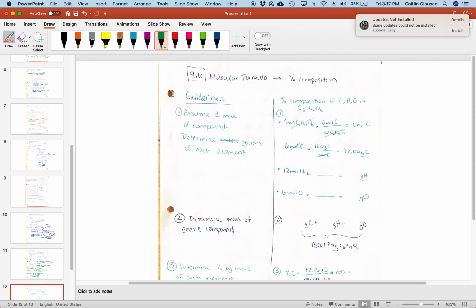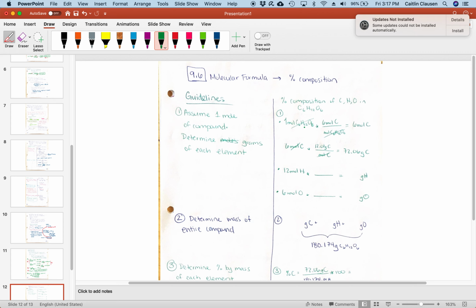So now we're going to go from a molecular formula to a percent composition. For these guidelines, Step 1, you assume you have 1 mole of your compound to start with, and you determine the grams of each element. So we're trying to find the percent composition of carbon, hydrogen, oxygen in the molecular formula C6H12O6.